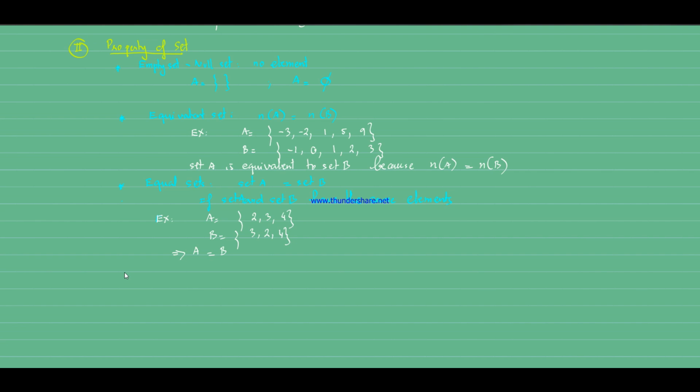Now, the next one I want to talk about is the universal set. So what is a universal set? A universal set we can notate with the letter U. This is a set.